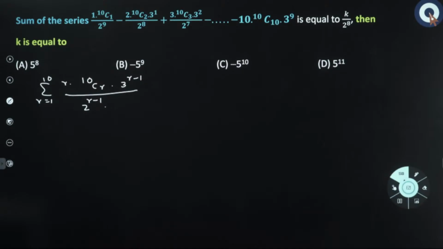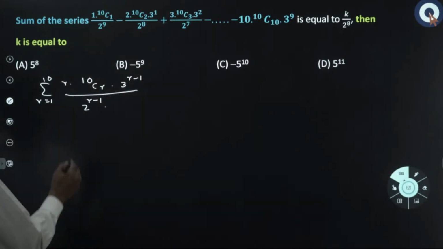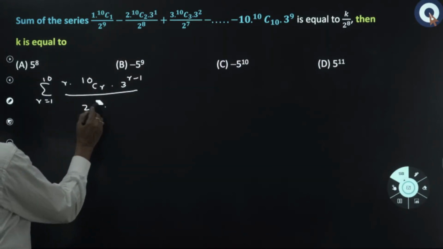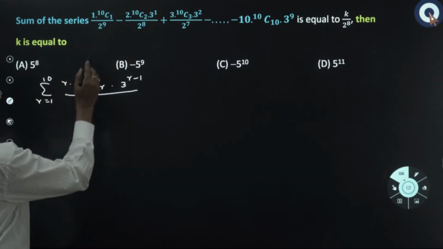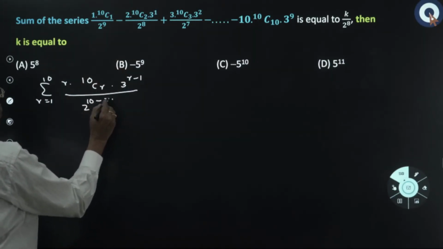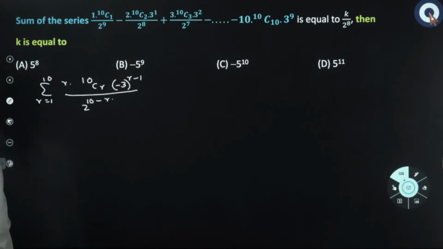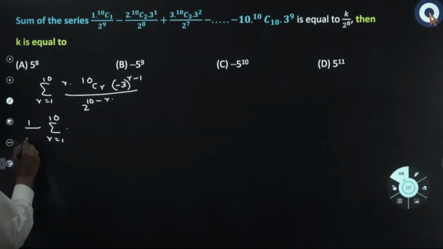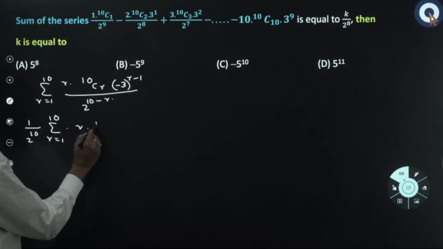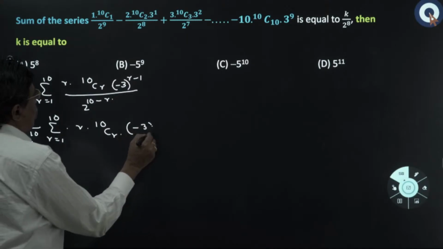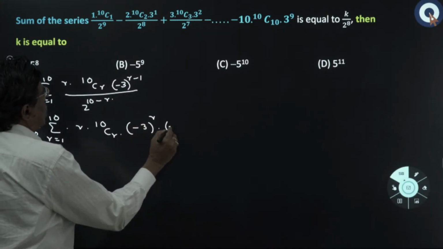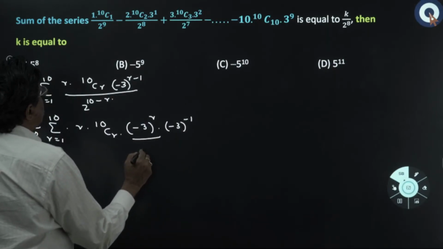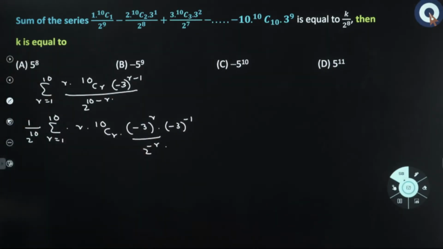So therefore, 2 power 9, 2 power 10 minus r, and we have minus 3 whole power r minus 1. So this is what we are given. So this is sigma r is equal to 1 to 10, 1 by 2 power 10 can be brought out, r into 10Cr, minus 3 whole to the power r by 2 power minus r.